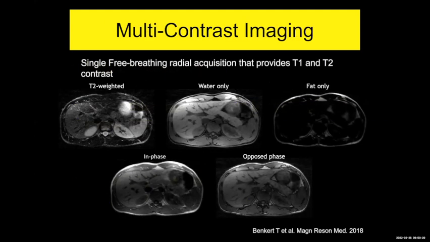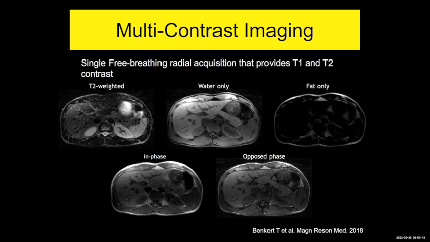So this is some of the work that we had done earlier on a 1.5 and 3 Tesla system that now we're deploying on a lower field system. Here we are basically performing a single free-breathing radial acquisition. Again, it's a free-breathing radial acquisition, so we don't have to give breath-hold instructions. It saves time. And then we are acquiring both T2 and T1 weighted contrast in the same single radial acquisition.